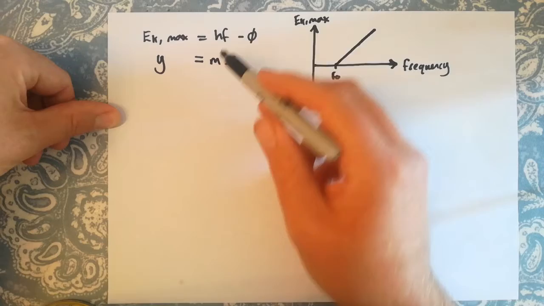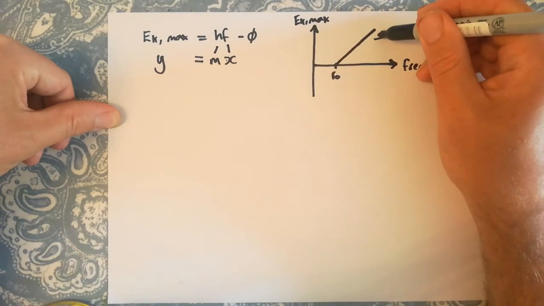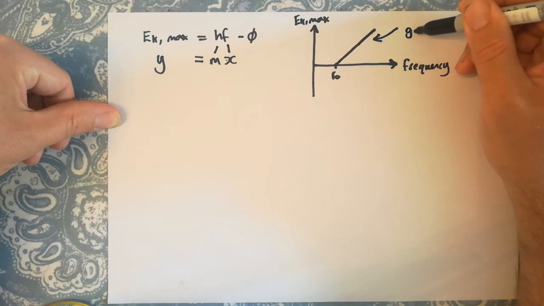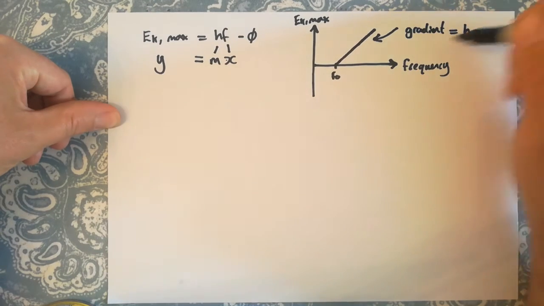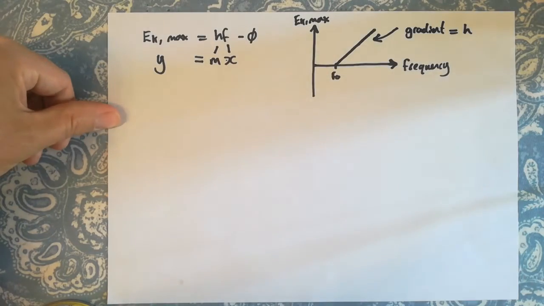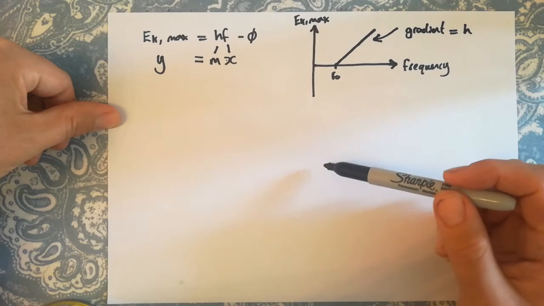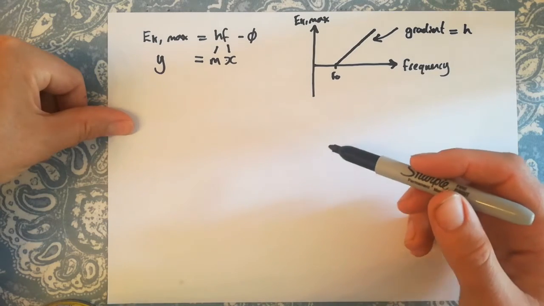So our first observation is that the gradient of this line is equal to Planck's constant. So if you do this experiment, one of the things you can do is actually measure a value for Planck's constant.